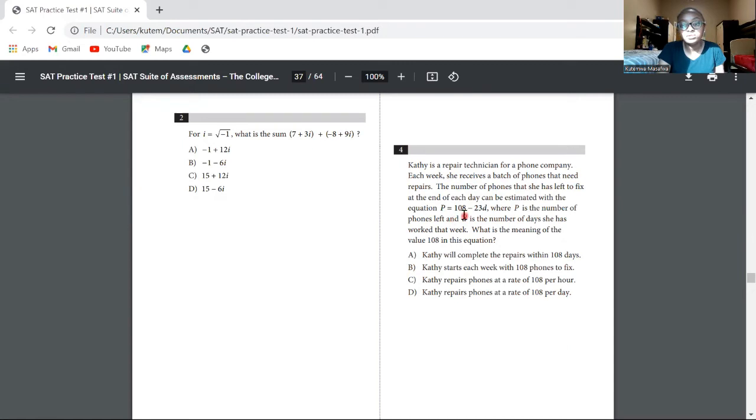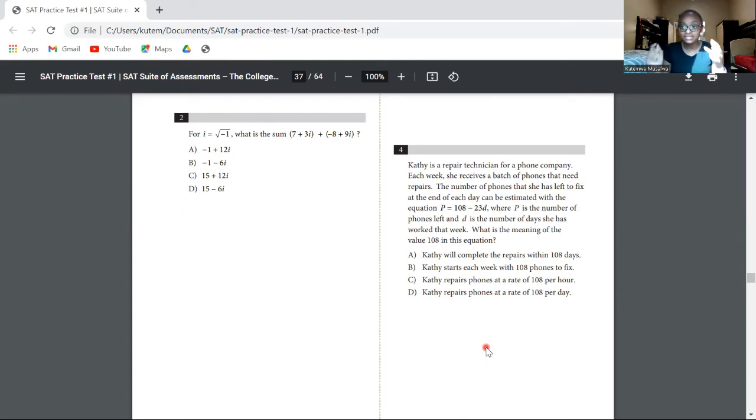So 108 in this equation is our y-intercept. Remember, whenever you see y-intercept, think initial, because that's the point when your time is 0, when x is equal to 0. Anything that implies that 108 is our initial is our answer. We've been told that this is the number of phones she has left to fix at the end of each day.